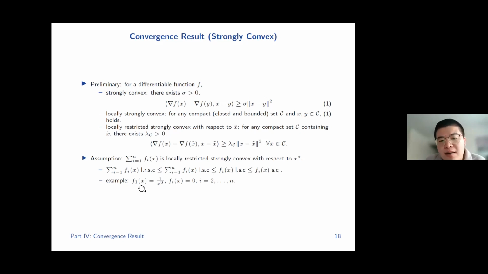Suppose F1(x) equals 1 over x squared, and F2(x) to Fn(x) are zero functions. Then F1(x) is locally strongly convex, so the summation of Fi(x) is locally strongly convex. However, we can see that F2(x) to Fn(x) are not even locally strongly convex. That is not satisfying these two assumptions.